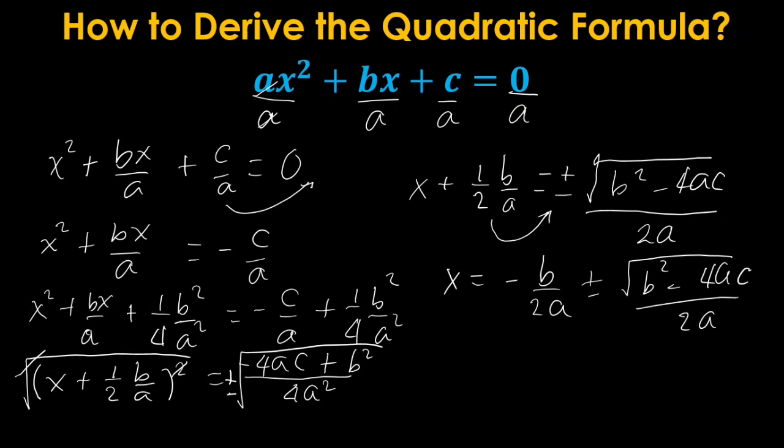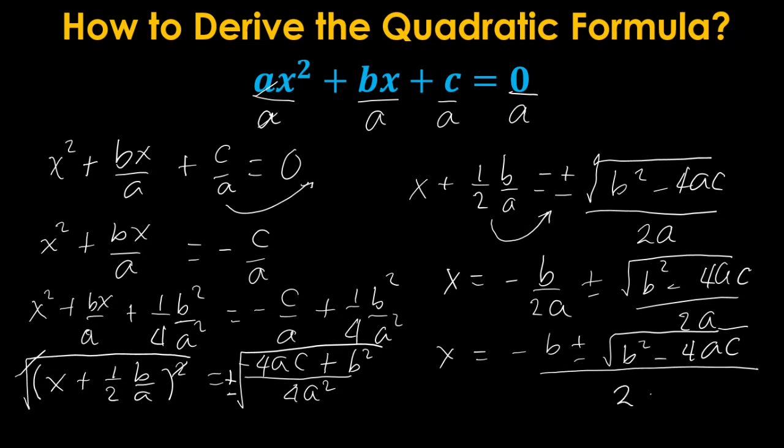Now they already have the same denominator, so we can single out their denominator here. Hence, we derive our quadratic formula.